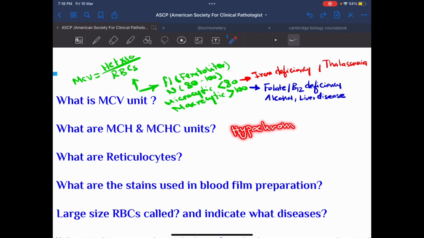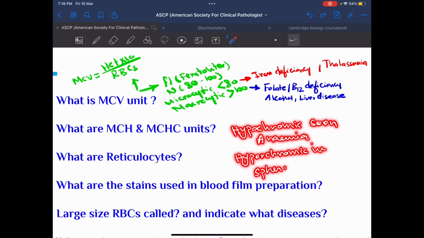Hypochromic is seen in anemia. Hyperchromic is seen in spherocytosis.